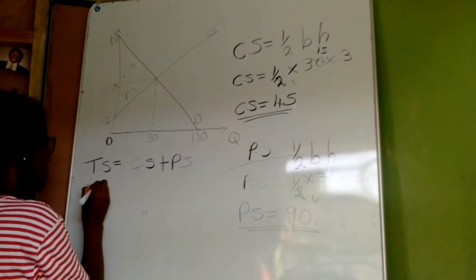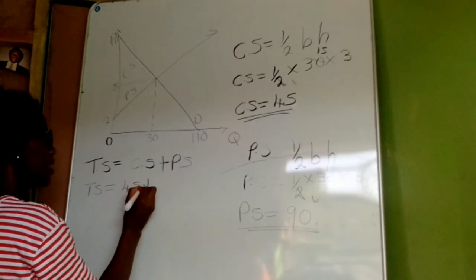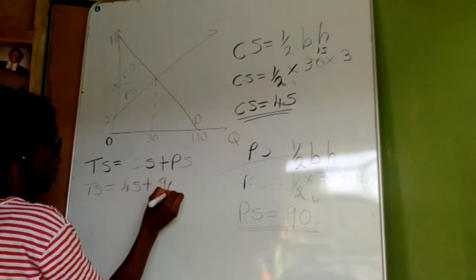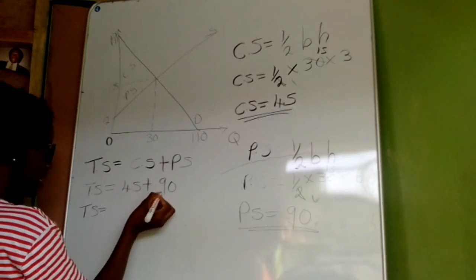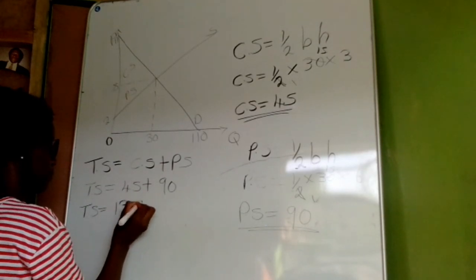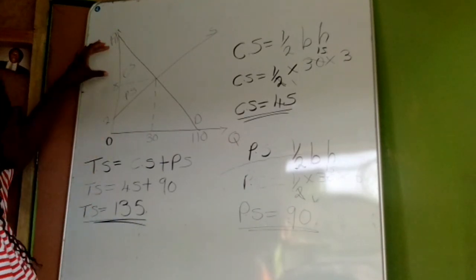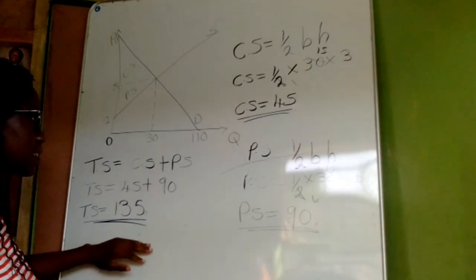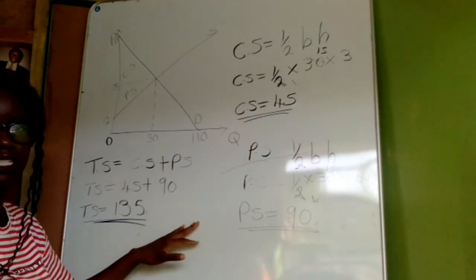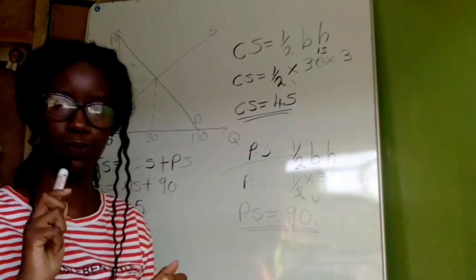So the total surplus is equal to consumer surplus, 45, plus producer surplus, 90, that's 135. So that's how you get your consumer surplus, producer surplus, and the total surplus. I hope we're clear on these things. So next, let me quickly erase these things and we'll get to the tax.